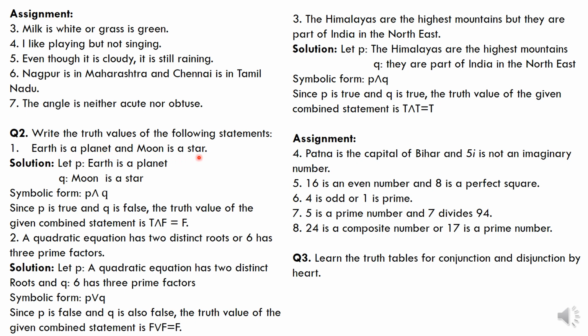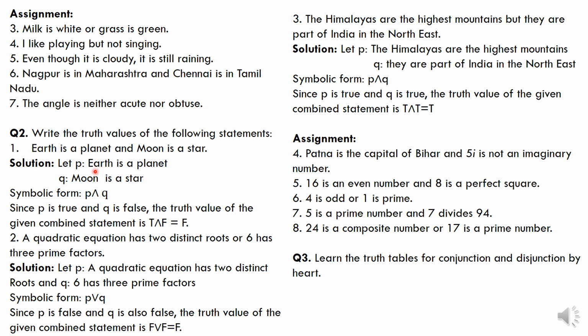First one, Earth is a planet and Moon is a star. Now here we have to find out whether the statement, compound statement, is true or false. Here, as we did before, let P, Earth is a planet, Q, Moon is a star.